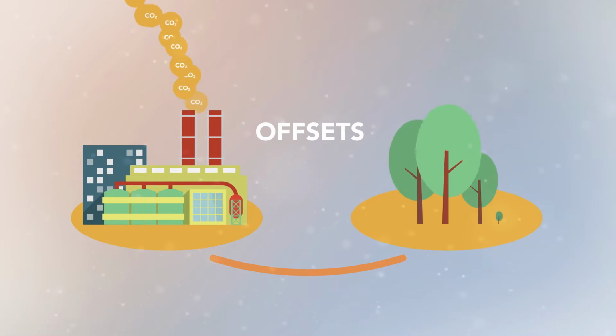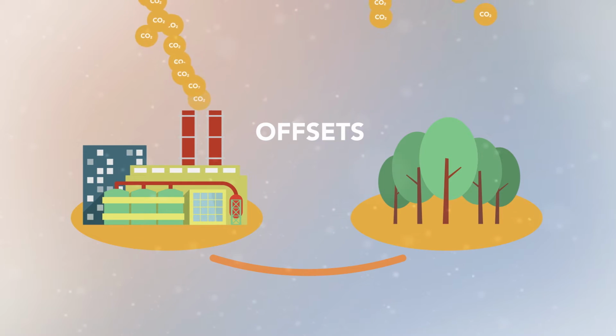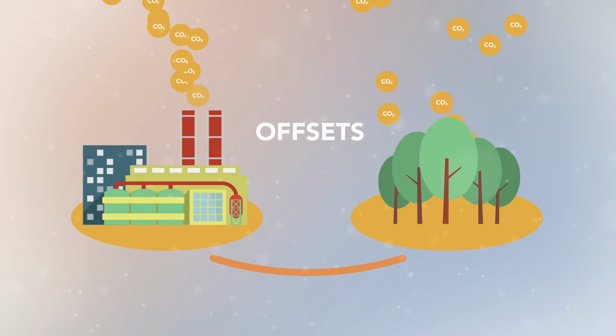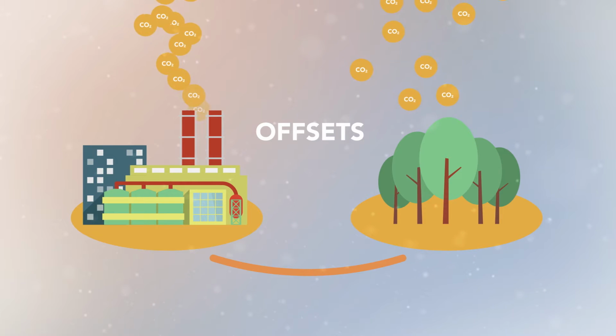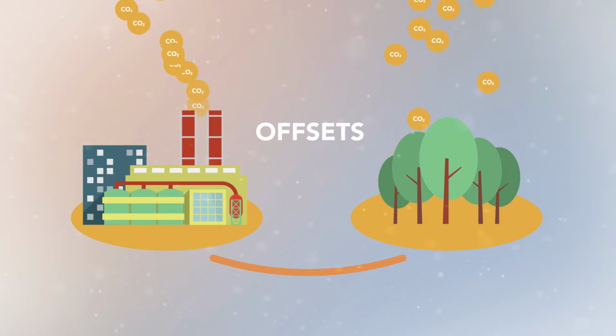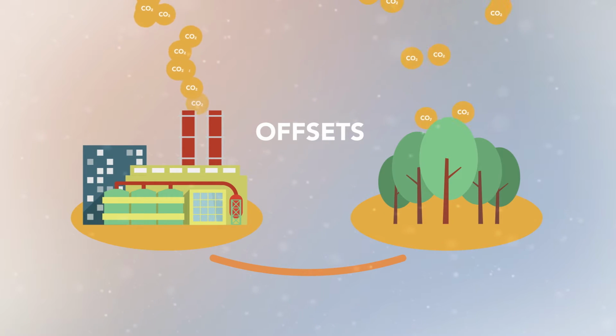Cap and trade programs also may include the option for carbon emitters to invest in offsets, which allow them to invest in ways to reduce carbon elsewhere in the world, typically in less developed countries at reduced costs.